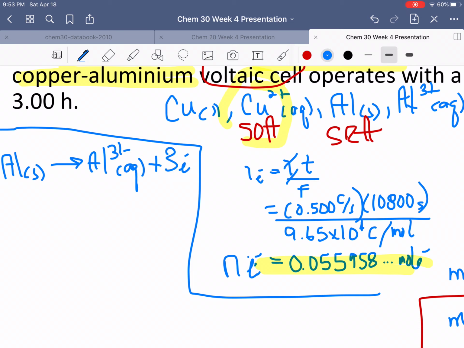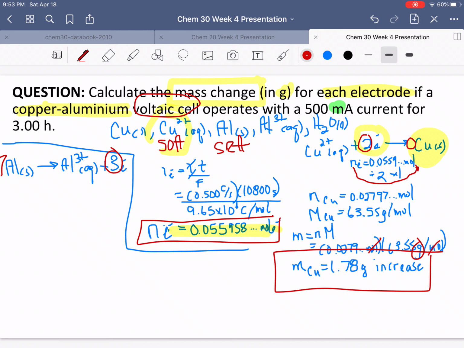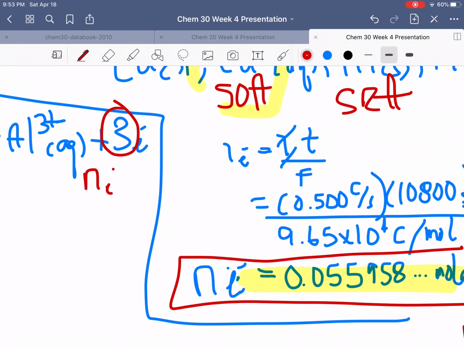How many electrons? Well, 3 of them. That's the balanced half reaction. So once again, we already know the amount of moles of electrons that were lost. But we also know that this relates to that balanced half reaction of a 3-to-1 ratio.